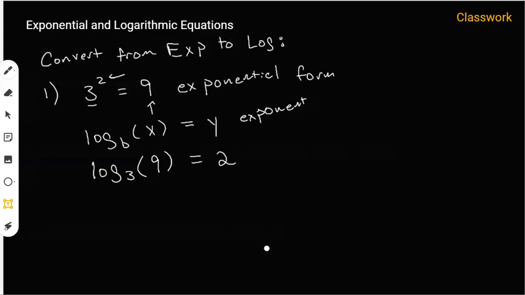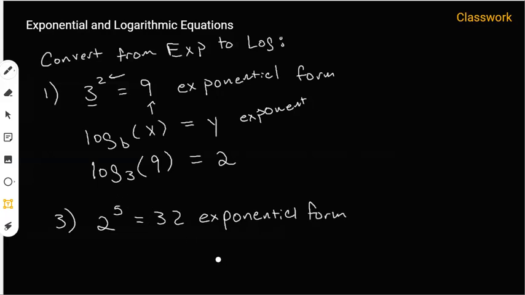Okay, let's try number 3. 2 to the 5th power is equal to 32. Once again, we're starting in exponential form. You can tell because we have an exponent, right? It's 5. But the base is going to be 2. So when I go to do my logarithm, I need to give it a base of 2.